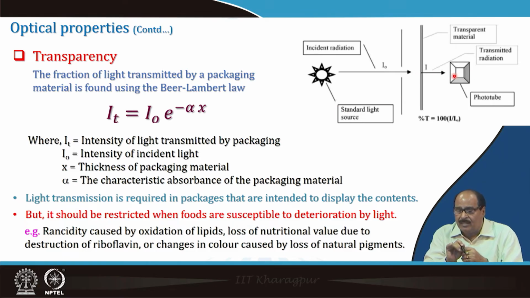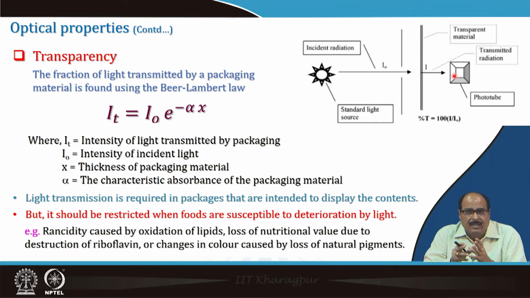IT is the transmitted light. So, the fraction of light transmitted by a packaging material is IT equal to I0 e to the power minus alpha x, where IT is the intensity of light transmitted, x is the thickness of the packaging material, and alpha is the characteristic absorbance of the packaging material.